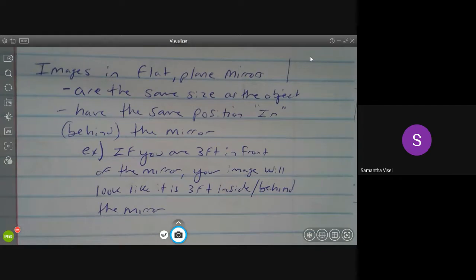So depending on your position in front of the mirror, your projection, what your image is going to look like, is going to be the same distance behind or inside of the mirror. If you walk closer to the mirror, your image is closer to you. If you walk farther away, your image is farther away. We don't see a relationship where if I walk backwards, my image moves forwards. The projection is the same distance away.